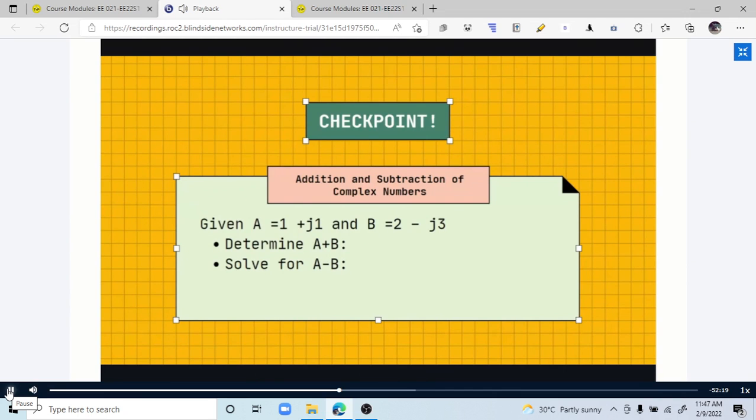So it must be written on your calculator as open parenthesis 1 plus 1i, close parenthesis, minus open parenthesis 2 minus 3i, close parenthesis. Then it will give you negative 1 plus 4i. Then you have to convert it into polar, and that would give you 4.12 angle 104.04.